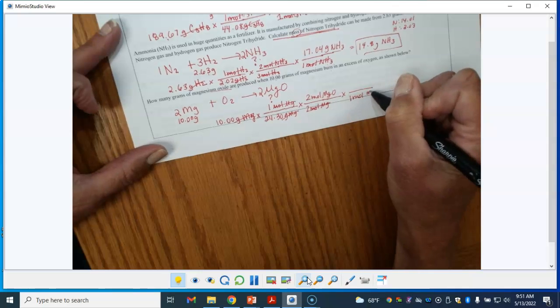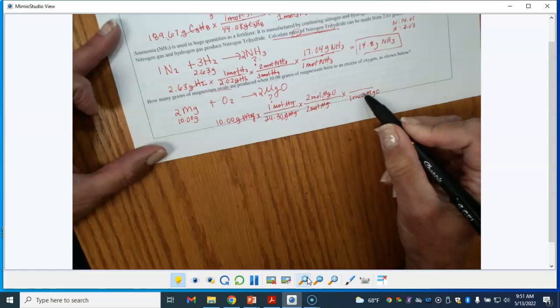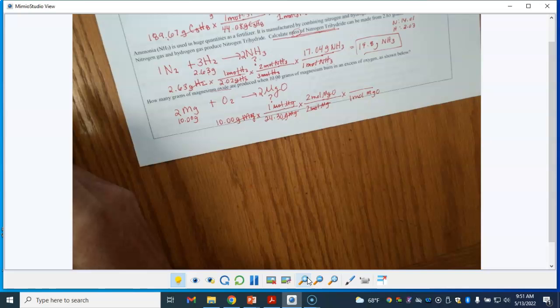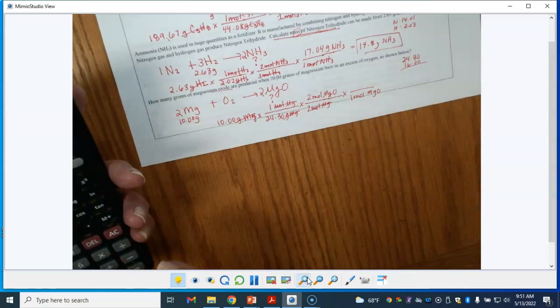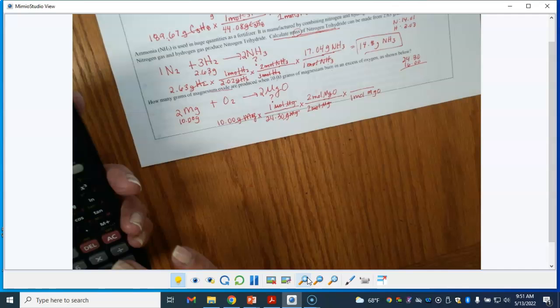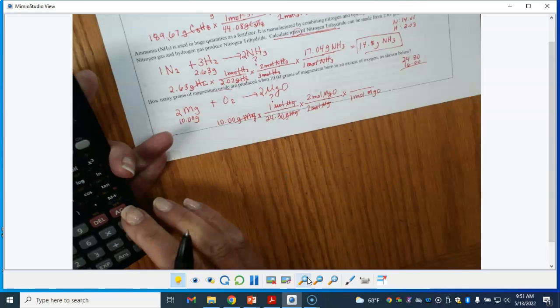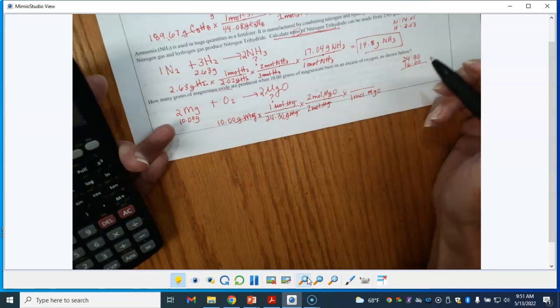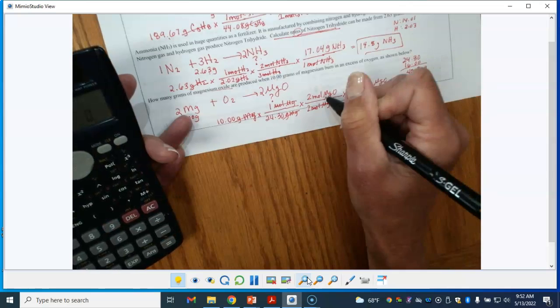1 mole of magnesium oxide is equal to the molar mass, which is the mass in grams of magnesium oxide. So magnesium is 24.30, oxygen is 16. That will give me 40.30 grams of magnesium oxide. So moles are gone.